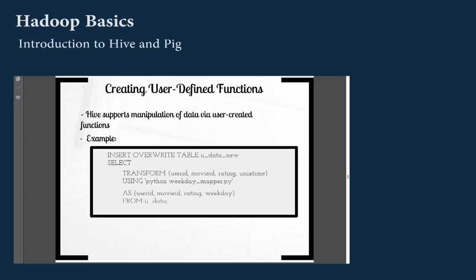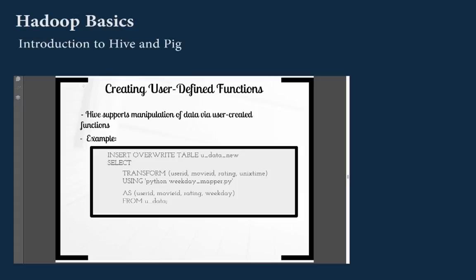We are also free to write user defined functions. Let's take an example where we have a collection of movies, and when we insert this into a table, we would also want to add an additional field which would just say whether this day was a weekday or weekend. So while we are loading this data, in this case, we can call a Python class or a Python script.